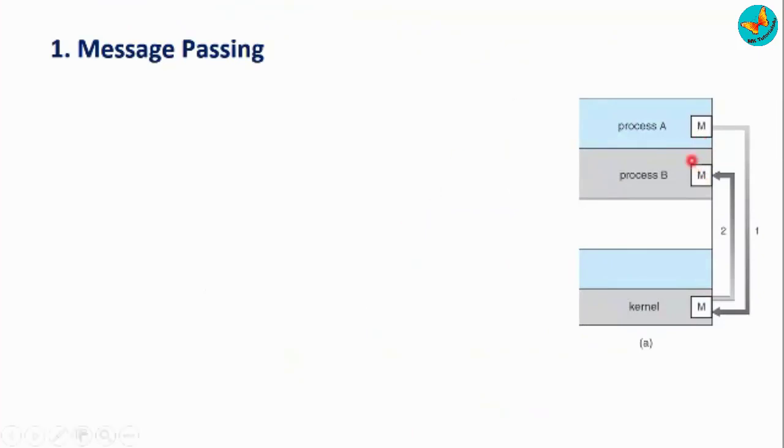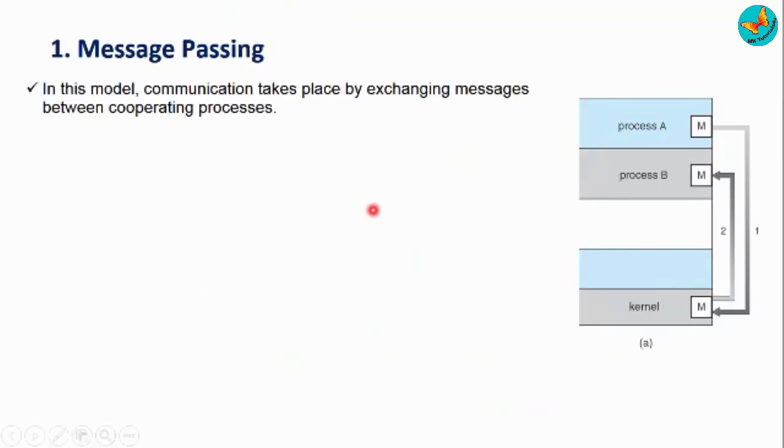Now if you can see this diagram, this M indicates the message. So process A wants to send a message to process B. So what is happening here? In this model, communication takes place by exchanging messages between cooperating processes.